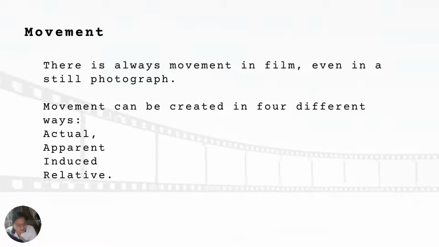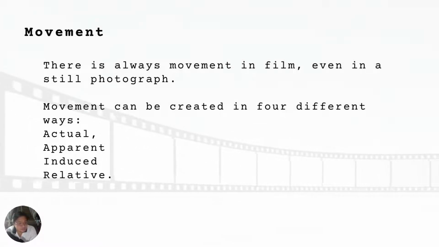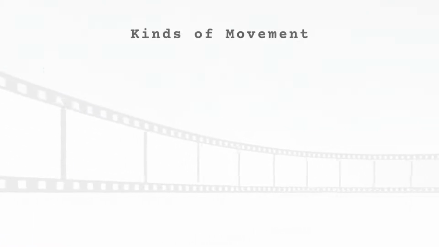It's just a way of introducing or suggesting movement. Next is induced movement, where the camera or other elements are used to suggest movement. And lastly, you have relative movement. So let's go through it one by one.